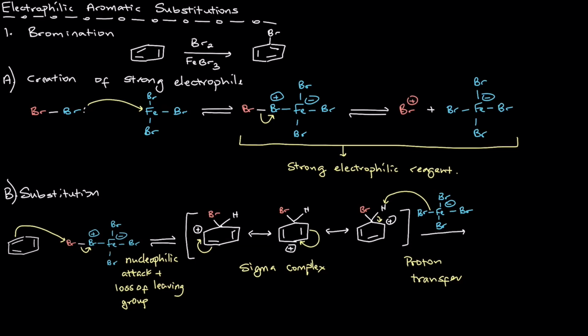You would deprotonate the sigma complex, the CH bond breaks, and the electrons move over to form a pi bond in the ring to restore aromaticity. And you get your brominated benzene, or your bromobenzene, if you will. Okay, so that's the reaction, fairly straightforward. Once you had to create the strong electrophile, then you go through a substitution and you get your product.